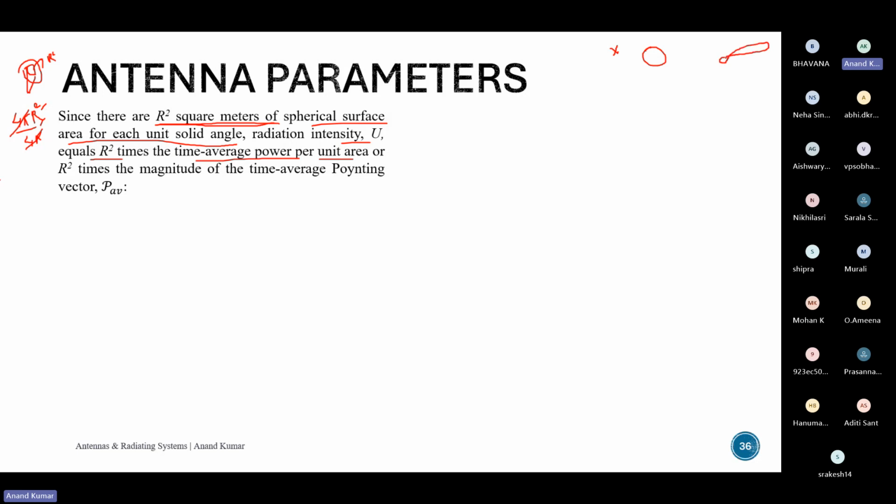This might not be the best way to say it, but you can either distribute the entire power throughout all directions, or you can concentrate it in one direction. Maybe I'll come back with a better answer to this in the next class.